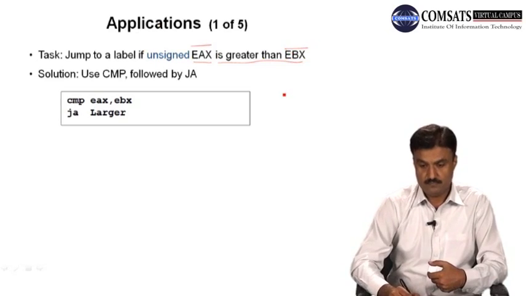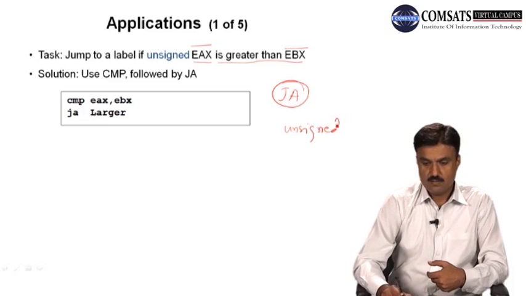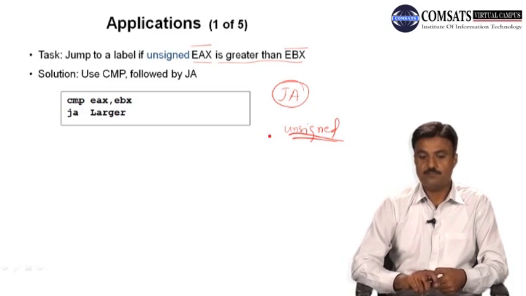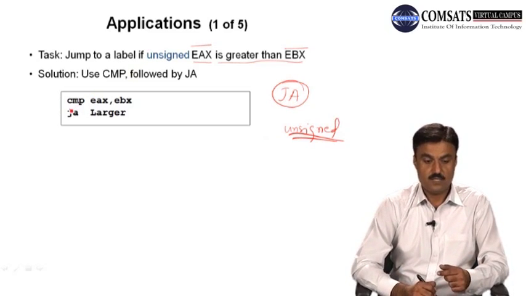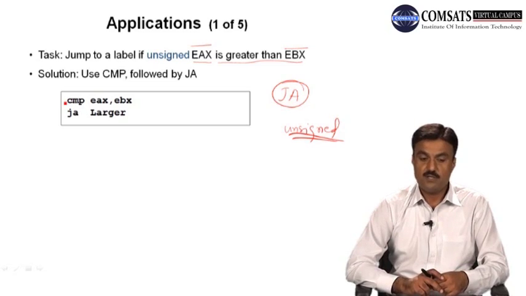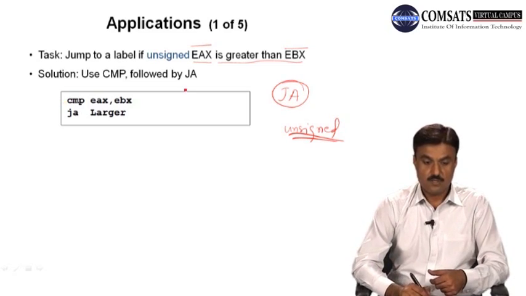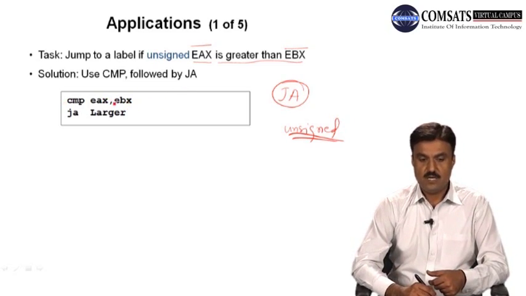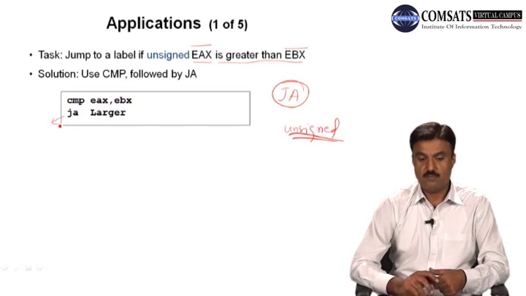So jump above, we know that this one is for unsigned. The first instruction is the compare instruction, which has a destination and a source. If EAX is greater than EBX, the jump will be performed.